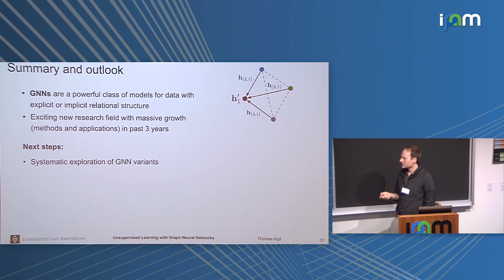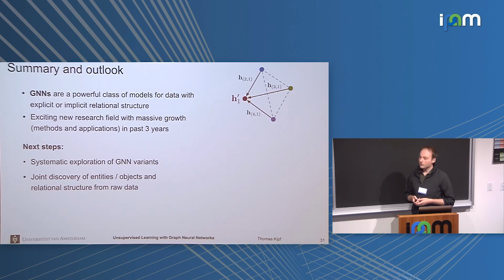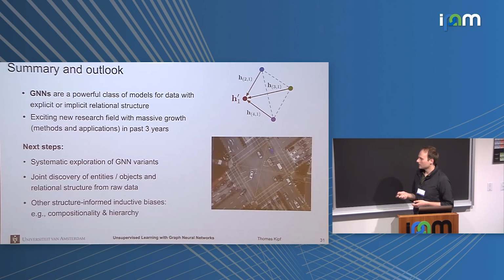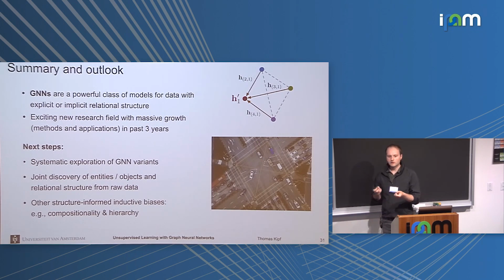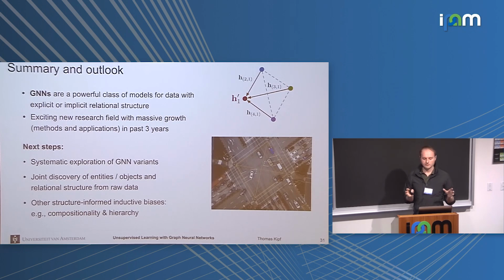I think what's important is to more systematically explore the benefits of certain model variants, and also to have better benchmark data sets. One big limitation that we had in this paper is that we always assume we have some kind of structure already given. Either we're given the complete graph, as in these graph data sets, or, in the simulation data sets, we're given what the nodes are, but we're not given what the edges are.